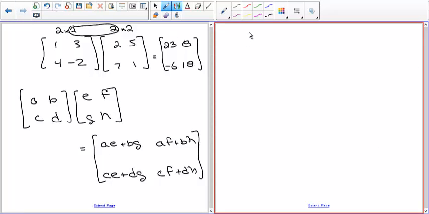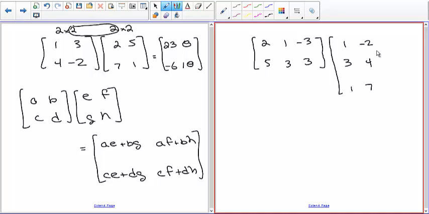Now I'm going to show you one more. So we have 2, 1, -3, 5, 3, 3, and we're going to multiply by 1, -2, 3, 4, 1, 7.